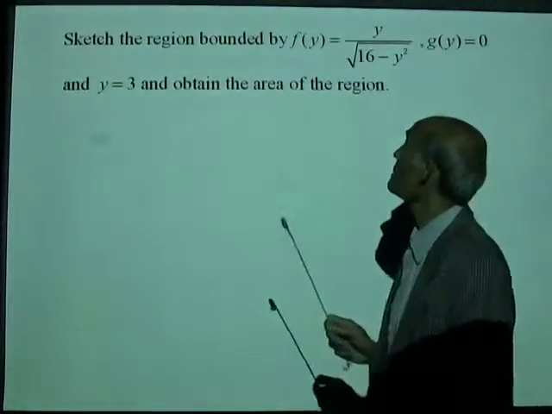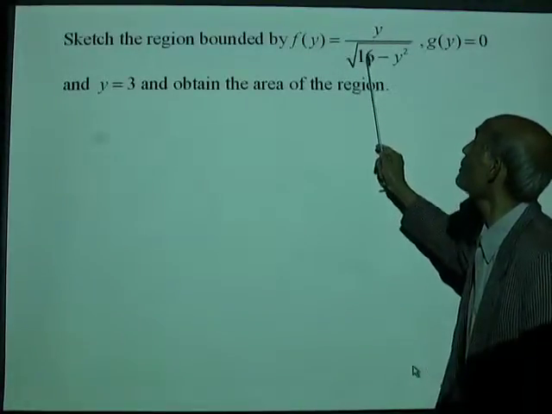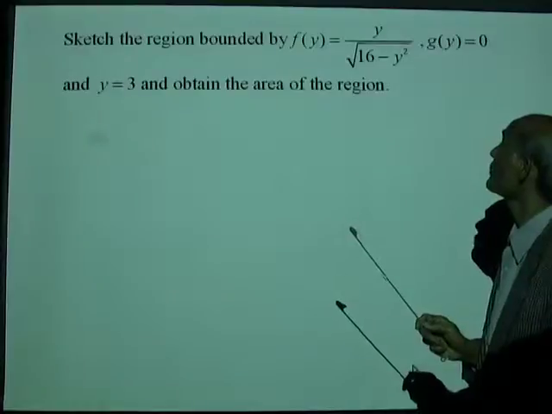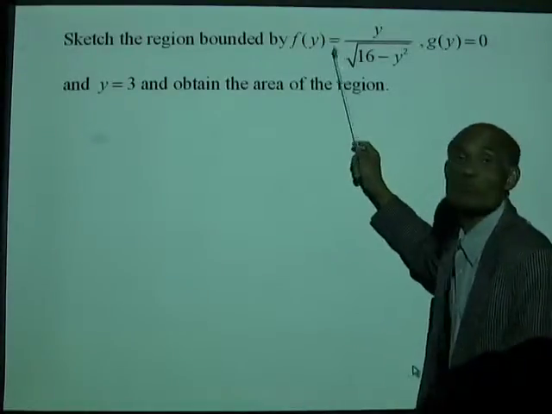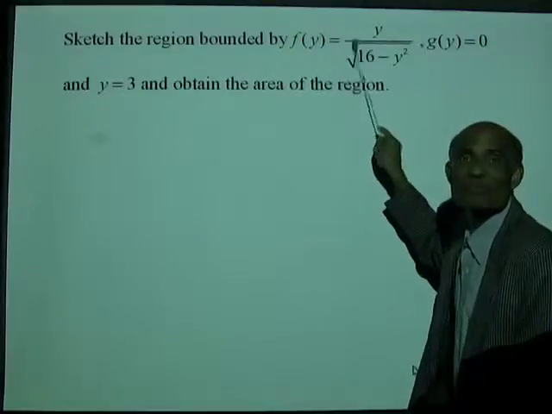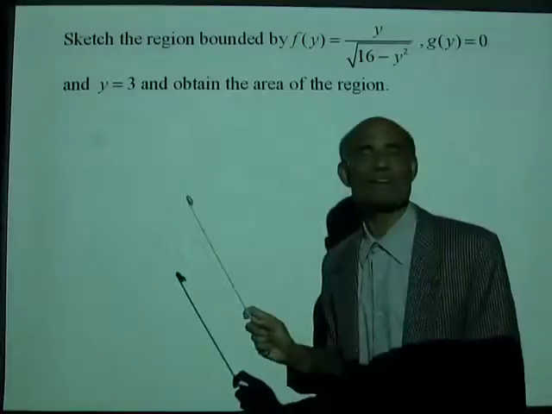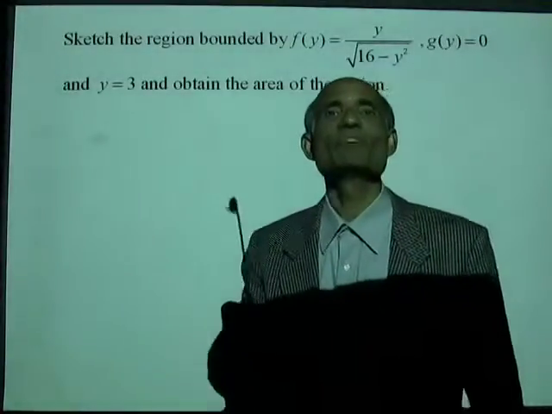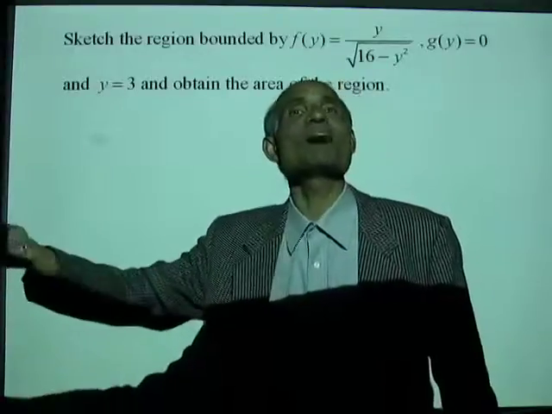Sketch the region bounded by f of y equal to y over square root of 16 minus y squared. Now remember, this can also be written as x equal to y over square root 16 minus y squared, just the same way we write y equal to x over square root 16 minus x squared.